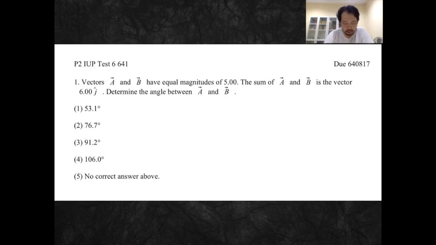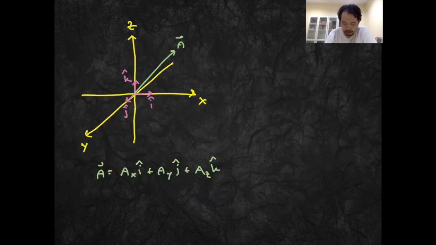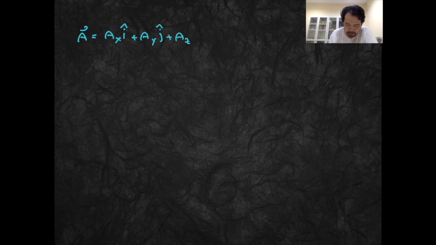From the problem, you can see that we can write A as Ax i plus Ay j plus Az k. Now we write it in a general situation where A can be a vector in 3 dimensions.